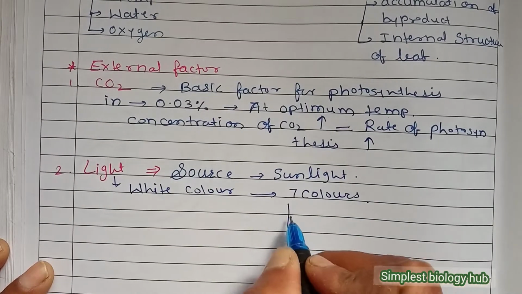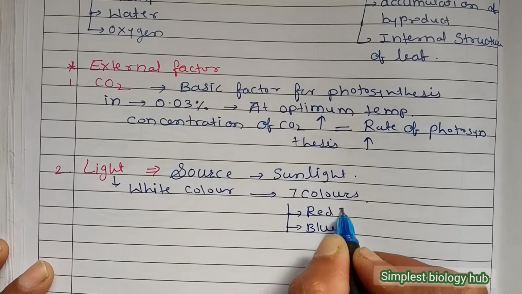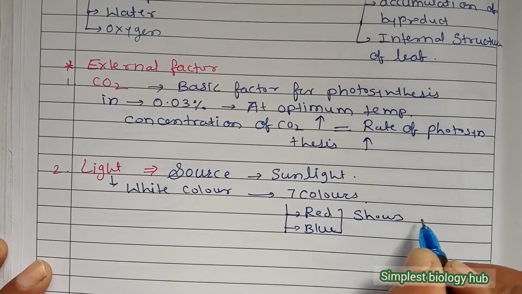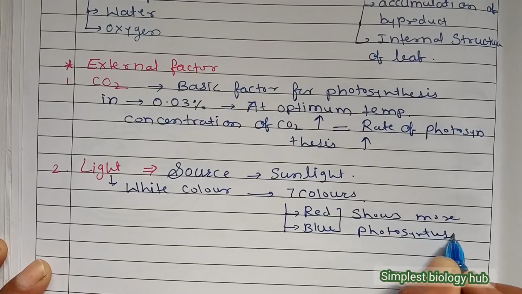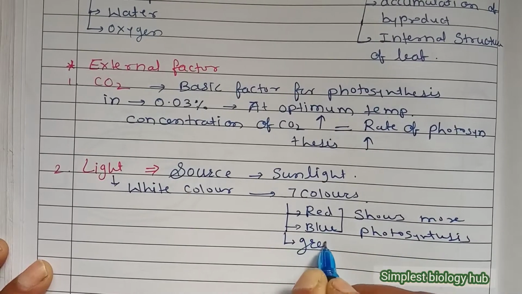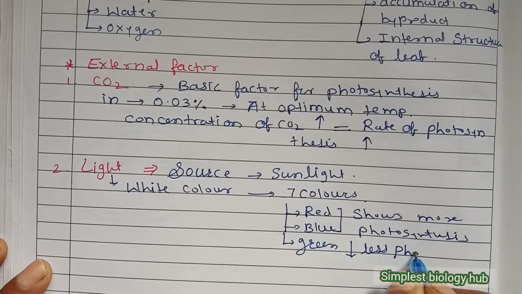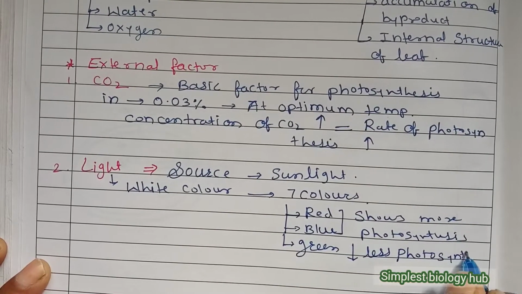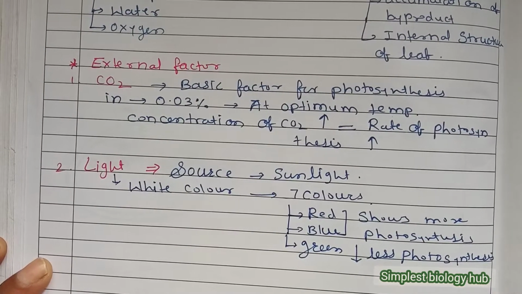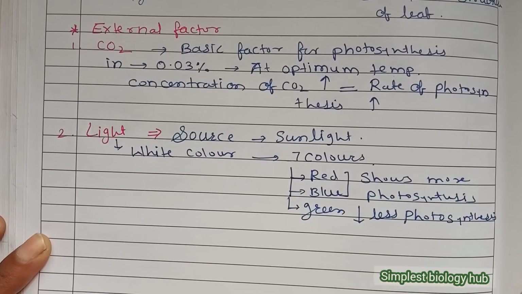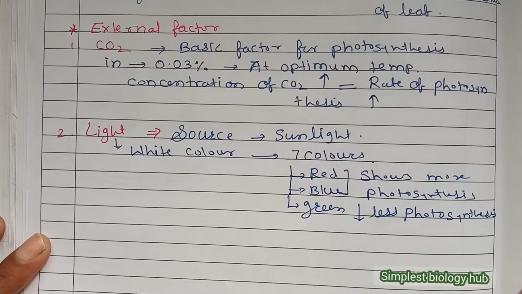Out of those 7 colors, red light and blue light show more photosynthesis, while green light shows less photosynthesis. It means the intensity of the light also affects the rate of photosynthesis. If we increase the intensity of light, then the rate of photosynthesis also increases.